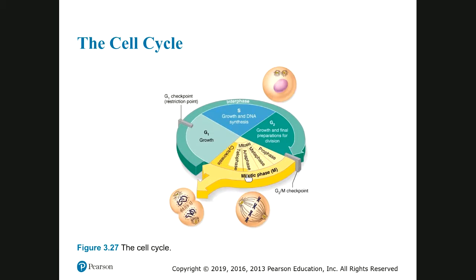Nervous tissue, skeletal muscle, and heart muscle lose their ability to divide when they are fully mature, and repairs are made with scar tissue. In most body cells, cell division, which is called the mitotic or mitosis phase, involves two distinct events: mitosis and cytokinesis.